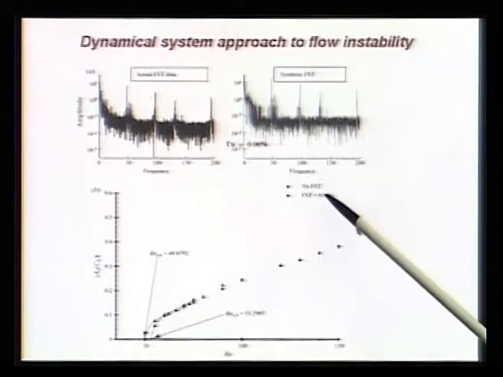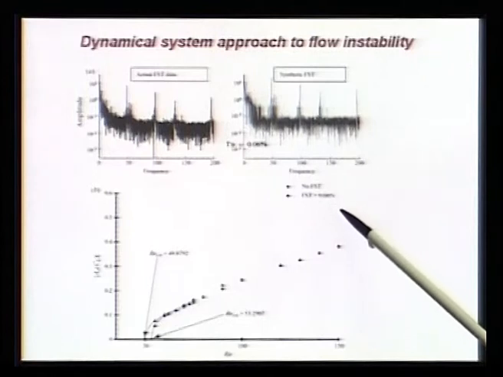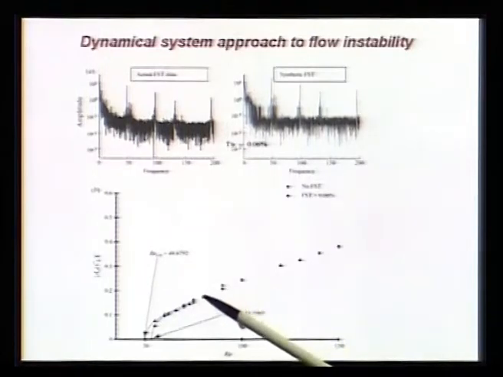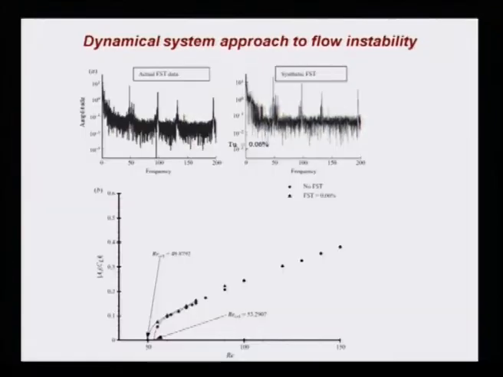The moment we switch on an FST model with 0.06% Tu, we get a value of 49. So, you can see this is what actually people should be doing, and we have successfully demonstrated here that indeed the background disturbances can create a Hopf bifurcation onset at an earlier Reynolds number. Okay.